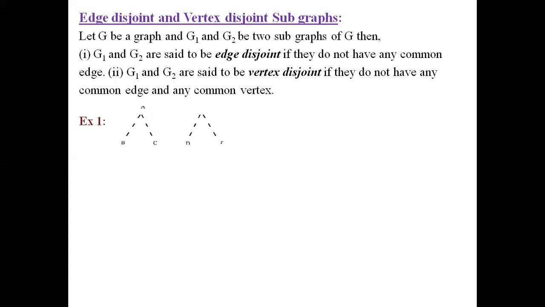For example, I have taken this example where the graph G has 6 vertices A, B, C, D, E, F. We consider G1 and G2 as the two subgraphs.